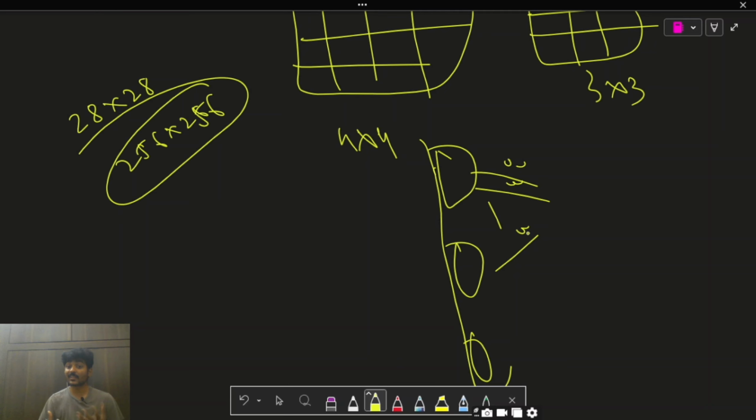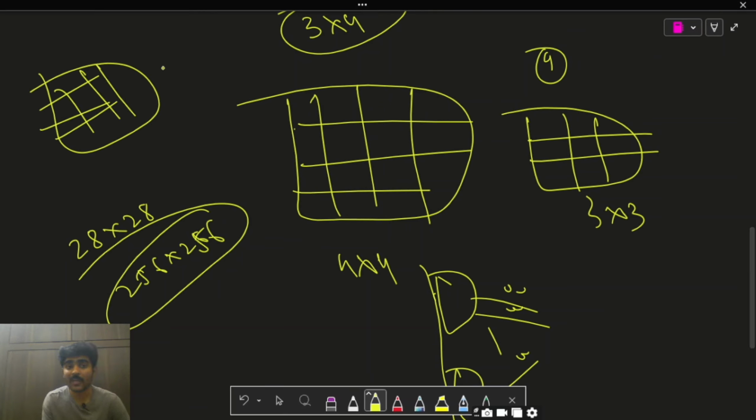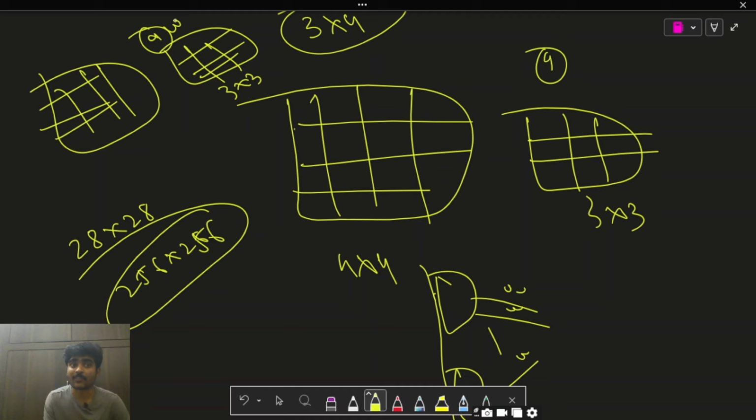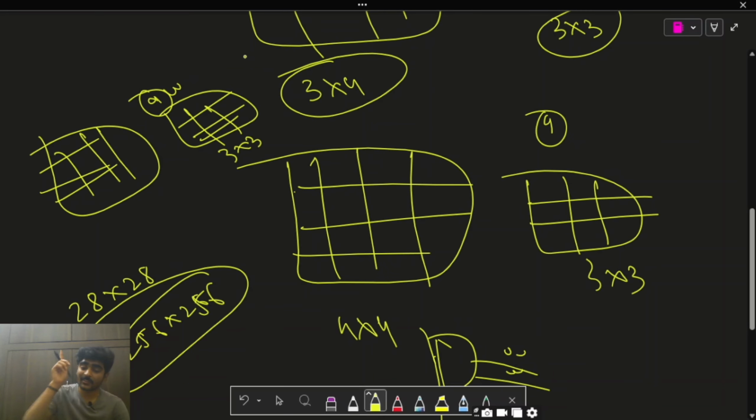Now when I use a 28 cross 28 image in a convolution neural network, and I apply a 3 cross 3 filter, I am only having 9 weights. But in an artificial neural network, the number of weights increases as the input dimension increases. Whereas in convolution neural networks, the number of trainable parameters remains constant however big the image goes.